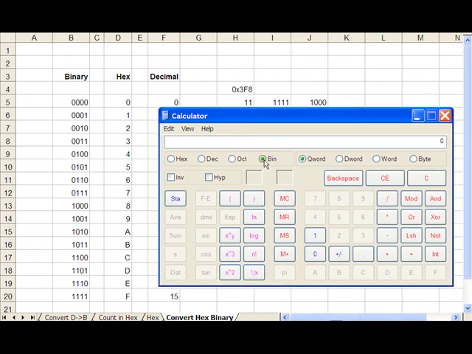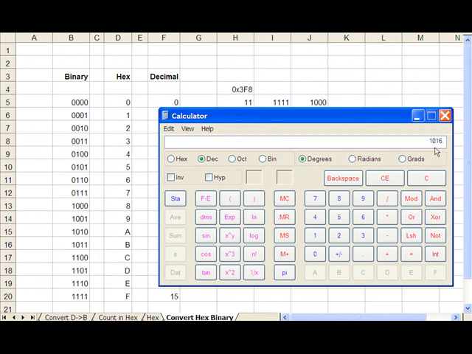When you click on binary here, we see that we have only 1 and 0 to work with, so we have 1 1 1 1 1 1 1 0 0 0, and if we convert that to decimal we have the value 1016, and when we convert it to hex we have 3F8. So using a calculator is much simpler than doing these out by hand, but it's important that you can do them by hand so that you can demonstrate a solid understanding of the concept of the number systems.